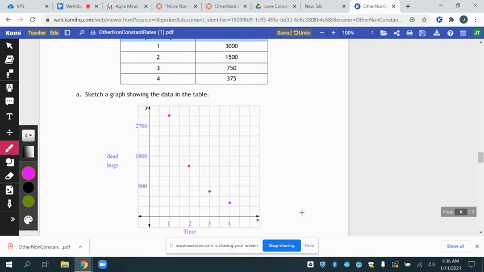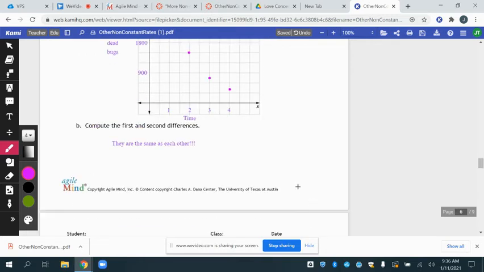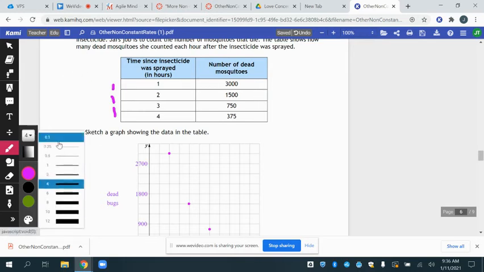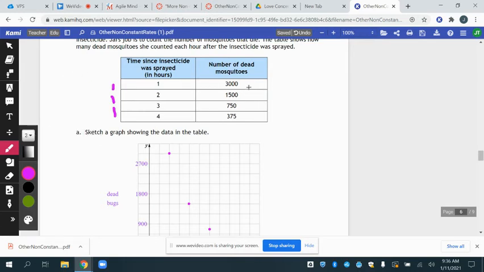So it looks the most like the inverse one that we had. So maybe it's the inverse one. Well, one thing we could check, notice this is 1, 1, 1. This goes up by 1s, but what about this guy? Well, he changes by 1,500 first. Goes down by 1,500. Then he goes down by 750 to get 750.